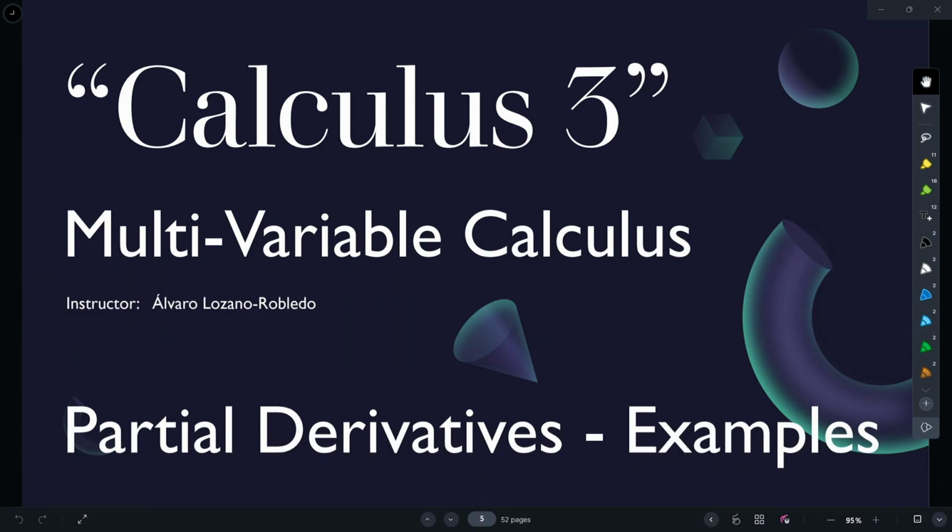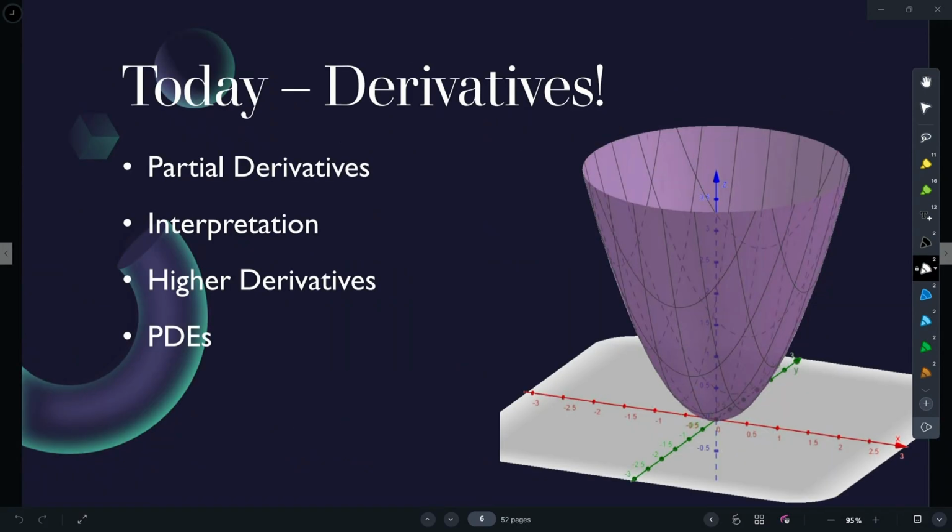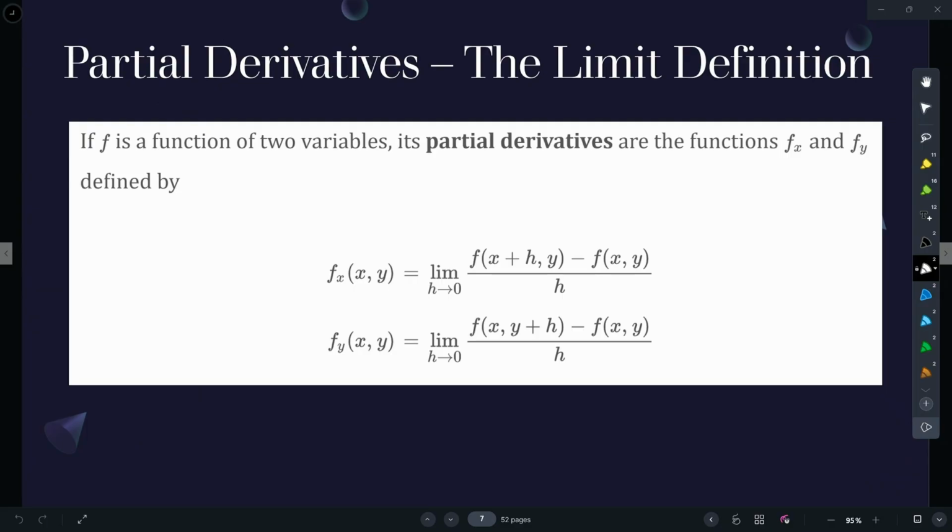Last time we introduced the concept of partial derivatives, and we saw that we define derivatives using a limit like we did in calculus 1. We are doing the differences of essentially the rise versus run, except that now the run we do in two different directions.